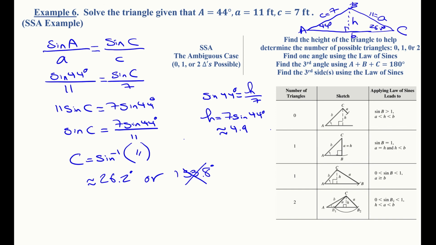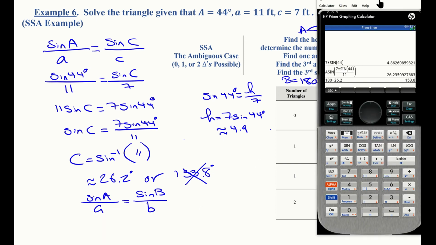So now we say sine of A over A equals sine of B over B. We need to quickly compute the angle B, which is going to be very easy now, because B is going to be 180 minus 44 minus 26.2.